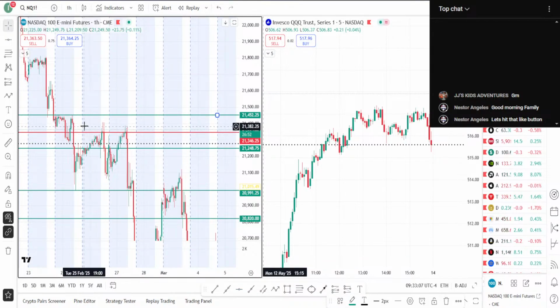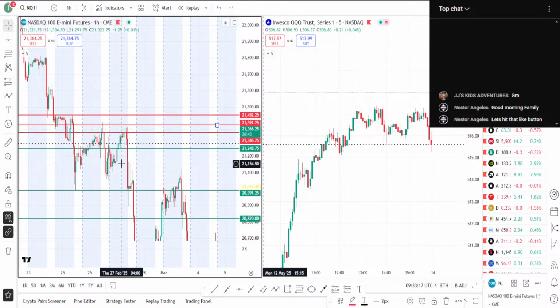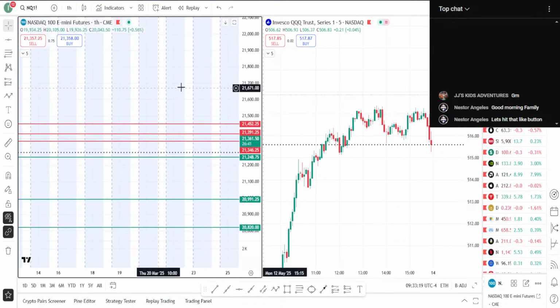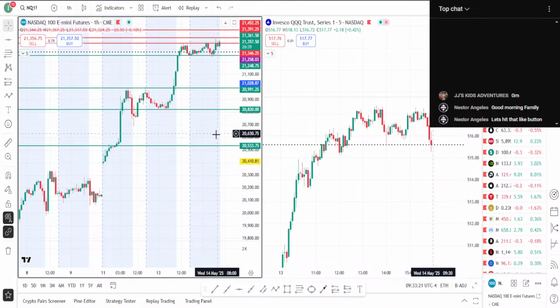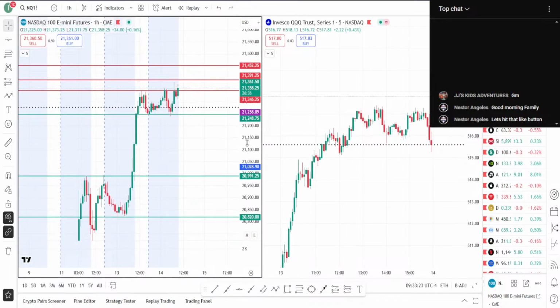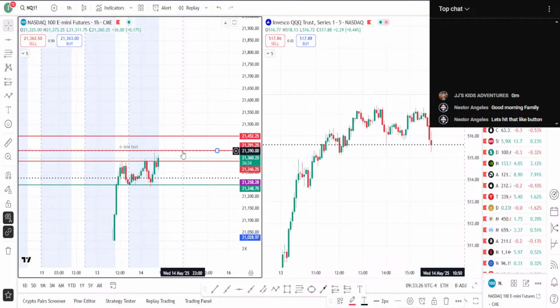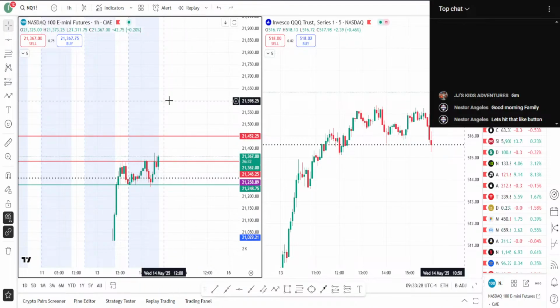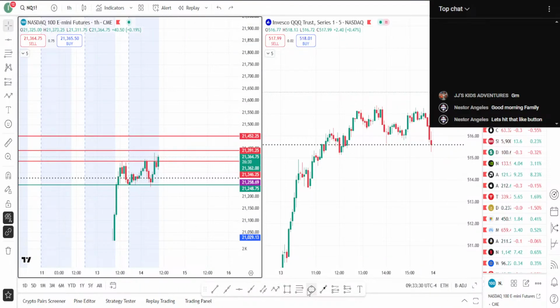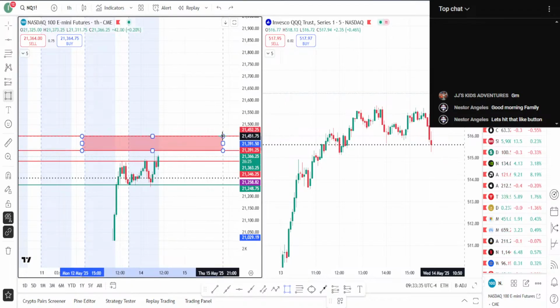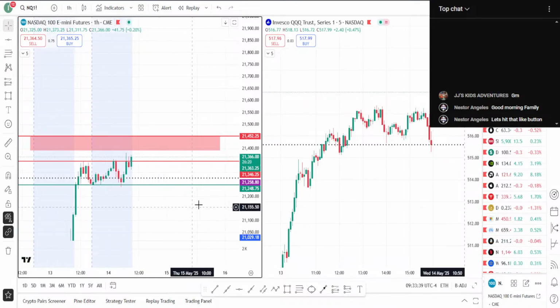And that's going to be red. It's going to be a supply zone from here to here. So now I'm going to go forward. Let me go back. There you go. I've got to first mark this up as a supply. Okay, now we can get rid of that.